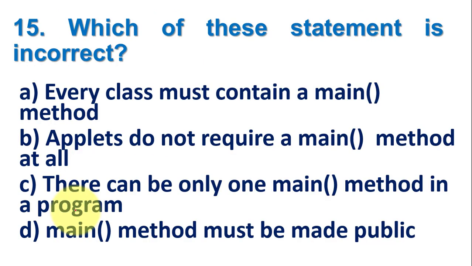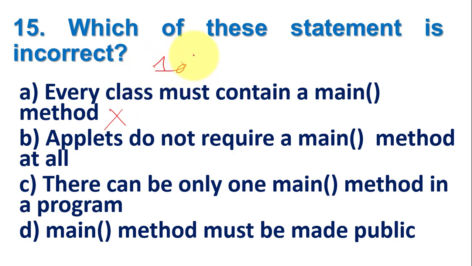15. Which of these statements is incorrect? Let's read all the statements one by one. A, every class must contain a main method. Now this is again a wrong statement. In a Java project, let's say you can have 10 classes.